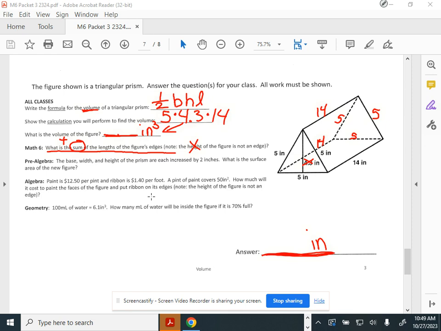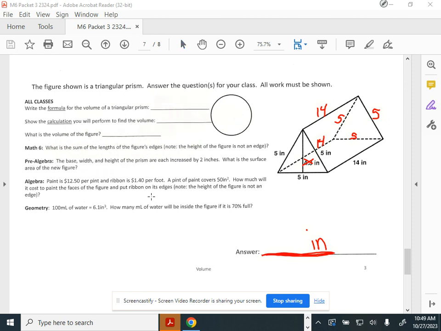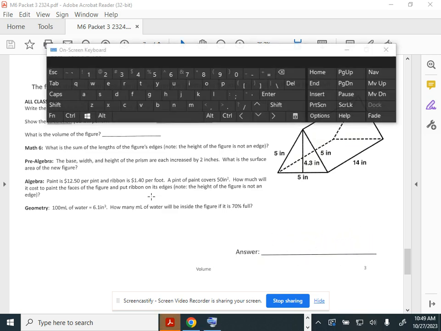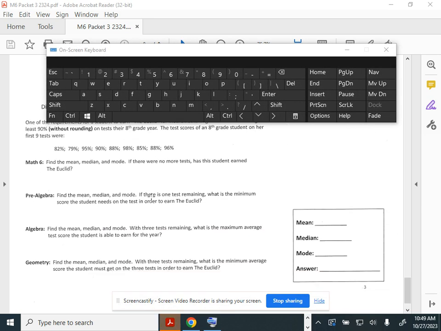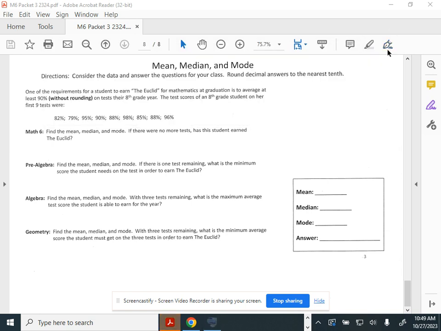And then we have our last page. Last page is a mean, median, and mode. So for math 6, we have to find the mean, the median, and the mode of this data.